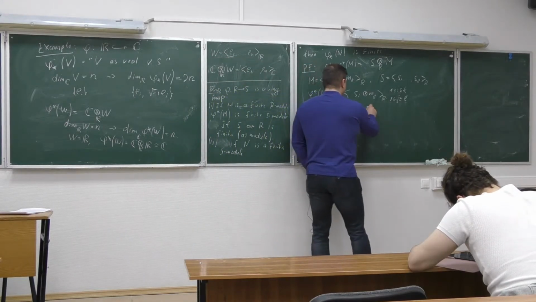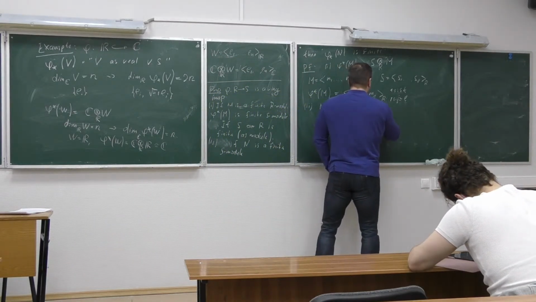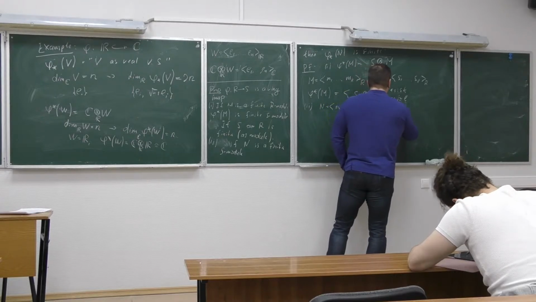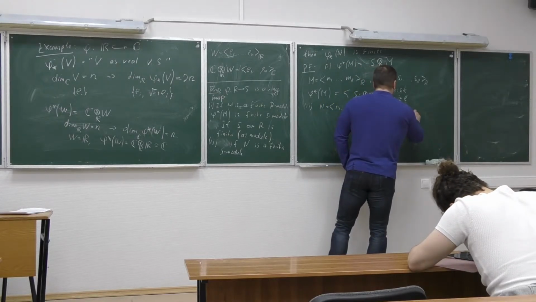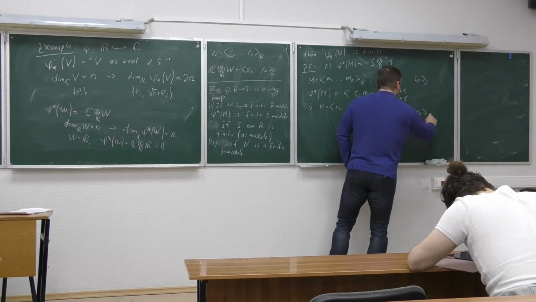Well, as an R module, phi lower star of N is still spanned by the same elements, but you only need to consider this not over S, but over R.